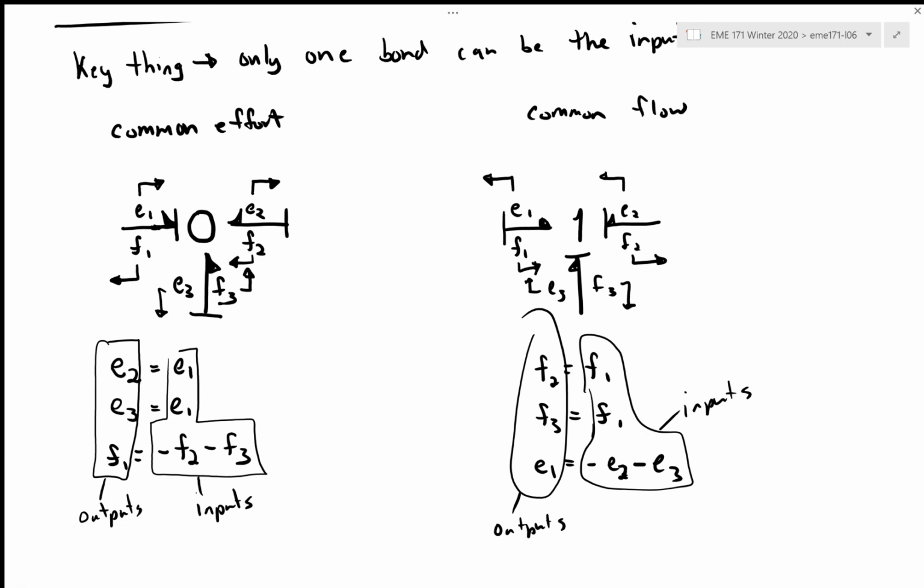For the 0, one effort can be the input, and for the 1, one flow can be the input. So once you set one causal stroke, no matter how many bonds you have on this particular port, 3 or more, you will have set the causality of that entire port.